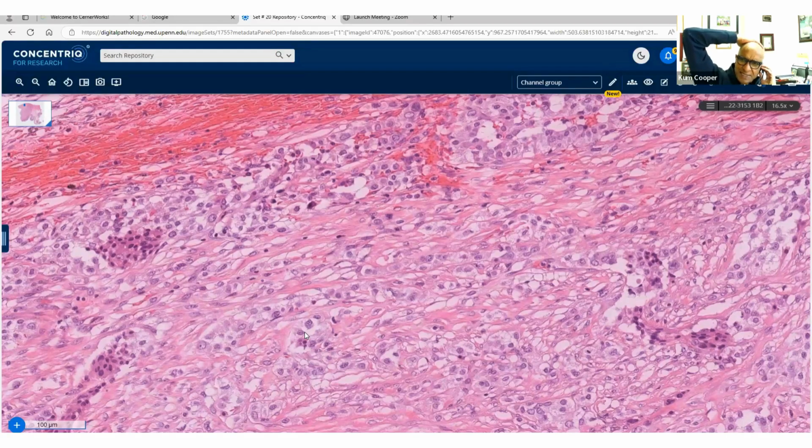Sensitivity is not as great as synaptophysin, which has a much better sensitivity. And even INSM1, which is a nuclear marker, does stain non-neuroendocrine tumors. So all three, I think, are important in order to rule that out. I can safely say all three were negative in this case. So we can get the neuroendocrine tumors out of the way.